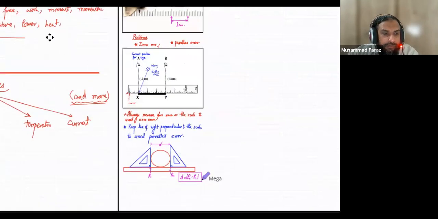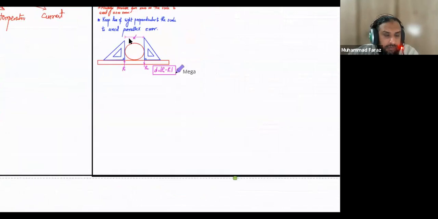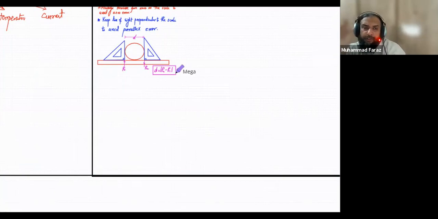Now, one more question. Can we use the same scale that is in your geometry box? I'm not talking about any other materials that we can use, but I'm talking about the ordinary scale that you have in your geometry box. Can we use it to measure thickness of paper?